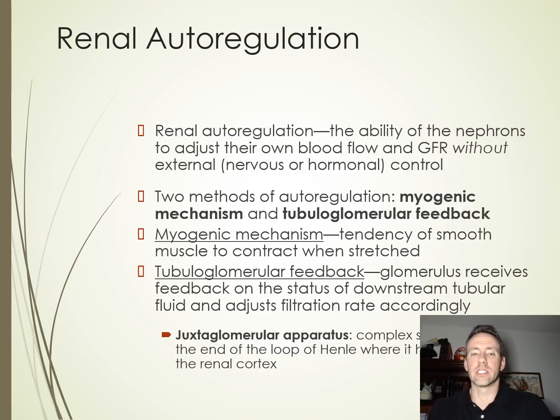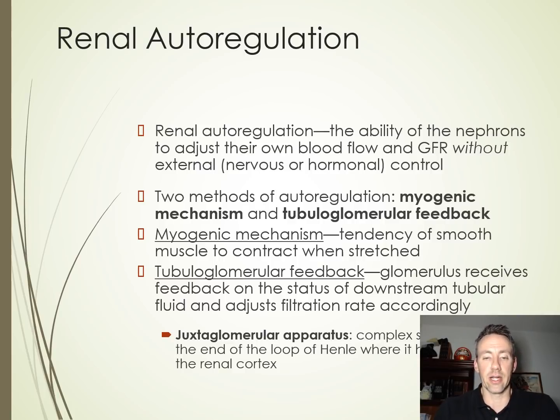So autoregulation, the myogenic mechanism. Again, a sudden surge in pressure causes the afferent arteriole to constrict, and constriction of the afferent arteriole will block blood from getting into the glomerulus, which will help to maintain that GFR.